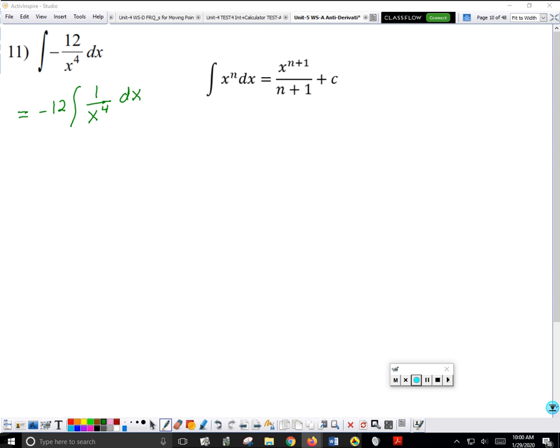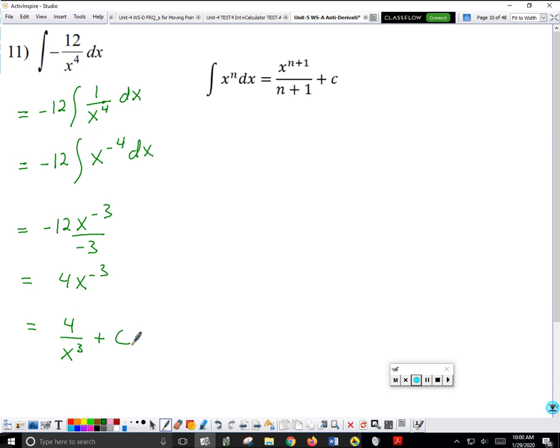What I can do is a little algebra and rewrite like this. Now I can use the power rule. And like before, the constant just shows up at the end. It's just an afterthought.